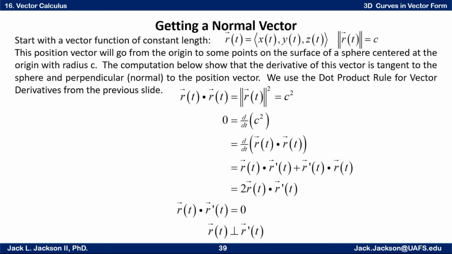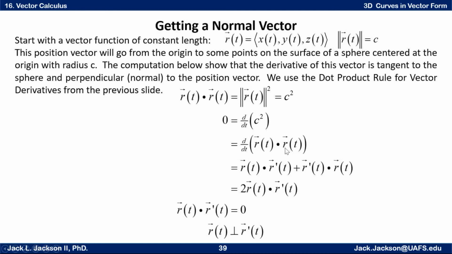So we're going to use that dot product rule for vector derivatives that we just did on the previous slide. So the dot product, remember, is the norm of that vector squared, but since that norm is the constant c, this dot product is c squared, which is a constant. So if we take the derivative of c squared, we get 0. It's a constant. But c squared can be replaced by r dot r.